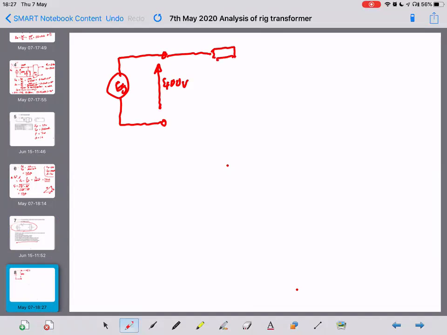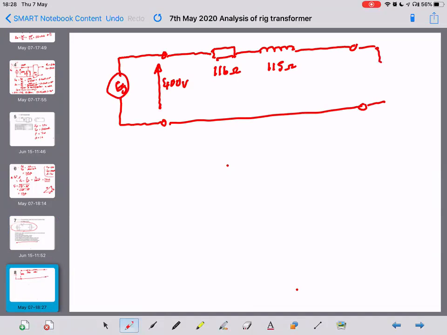We got an R value that was 116, an X value that was 115, a secondary terminal there, and a load there that is Z2 dash, and this is E2 dash. So, where are we going to start?